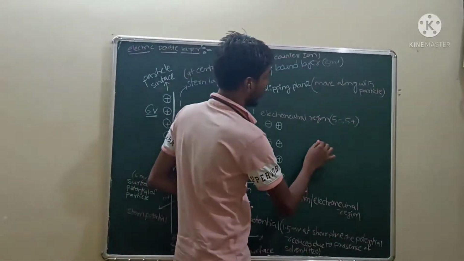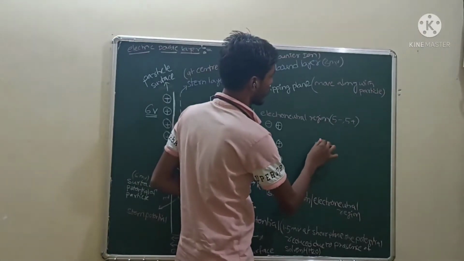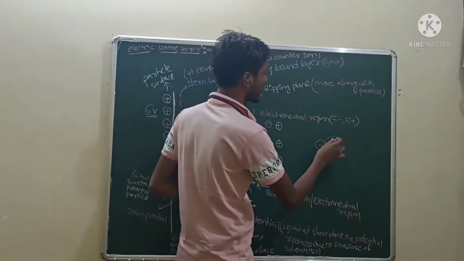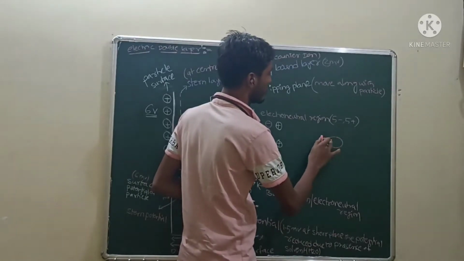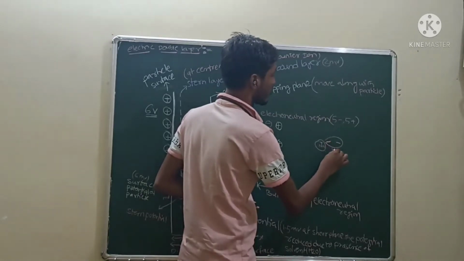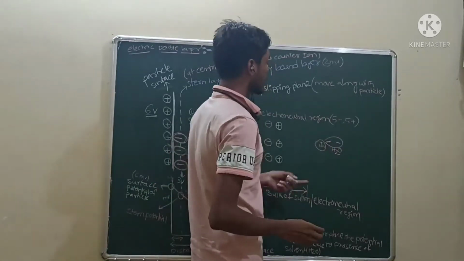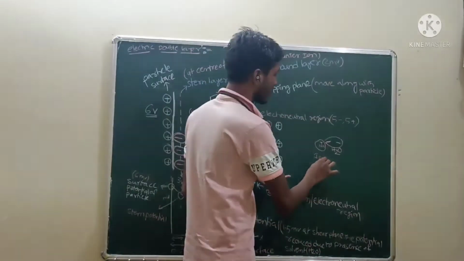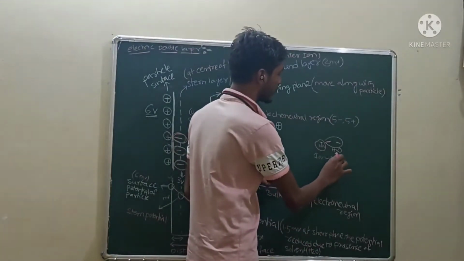Whenever ions are present in water, they are always surrounded by water molecules. This is a positive charge, this is a water molecule. There is an attraction between ion and dipole; water is a dipole.